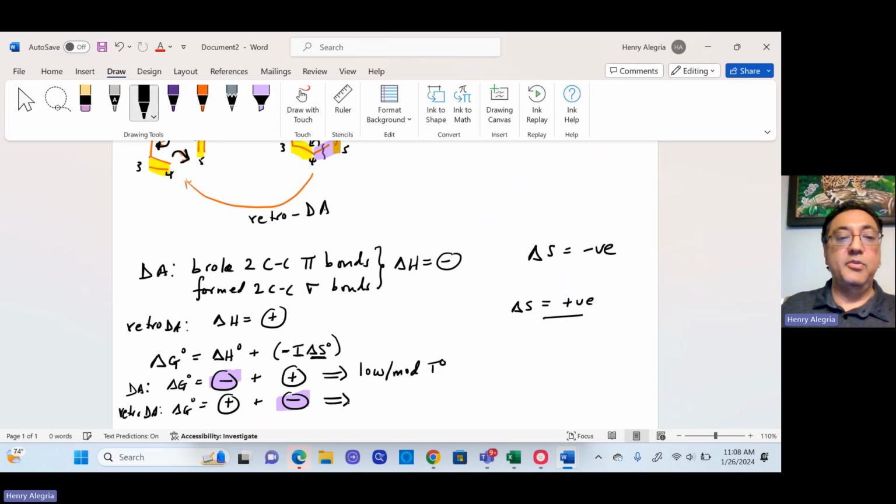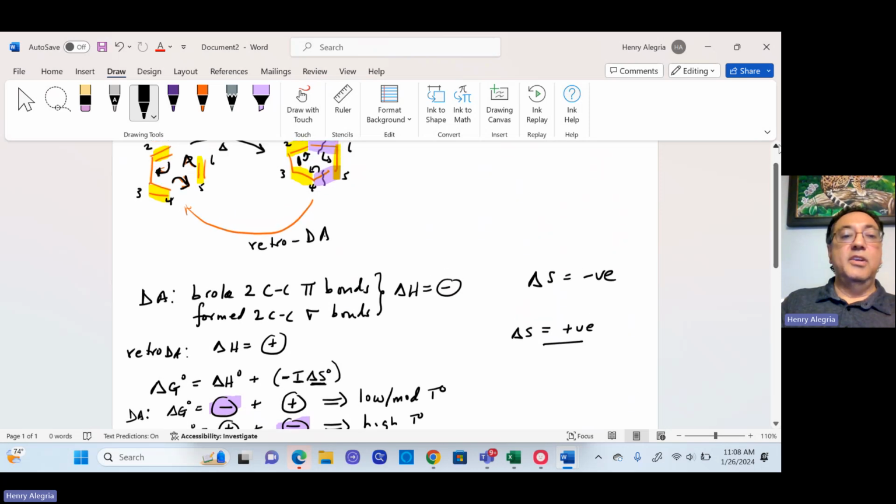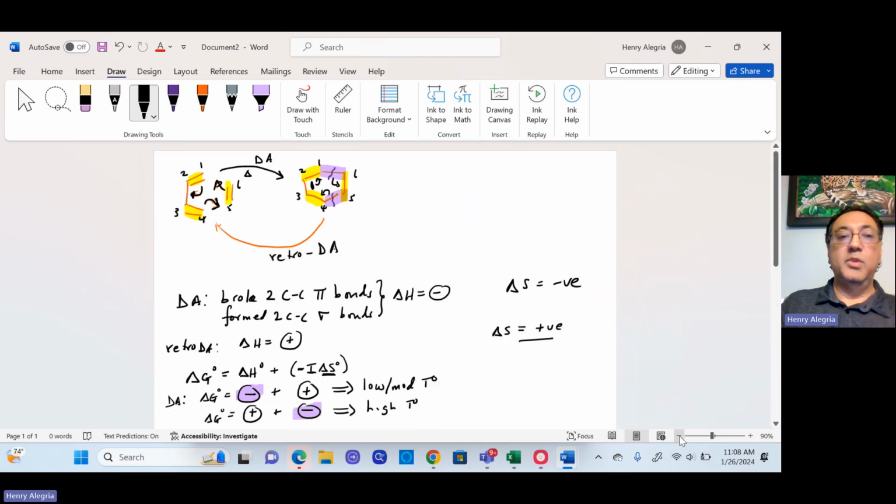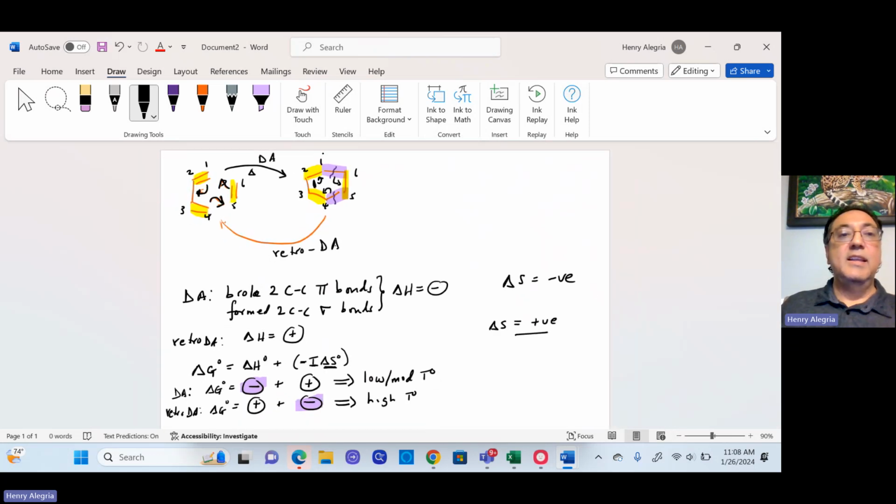So to favor the retro Diels-Alder, I will prefer high temperature. So therefore, the Diels-Alder and retro Diels-Alder here are actually very easy to control, and we can tell that from our analysis. That means that for the Diels-Alder, we really want to have low to moderate temperatures. So we just warm, and we get our product.